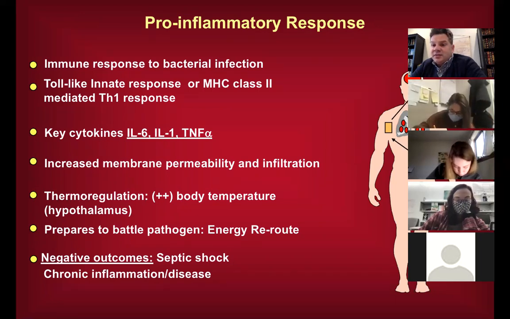So we see that the cytokines are driving a change in energy expenditure, and I'll tell you more about why that's important. Negative outcomes of this pro-inflammatory response, you may have heard of septic shock or cytokine storms or chronic inflammatory disease. It would all be part of this ongoing toll or type 1 Th1 response.